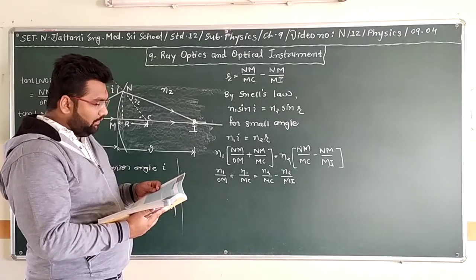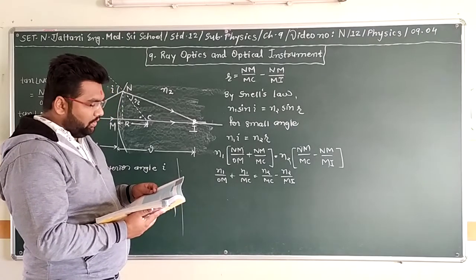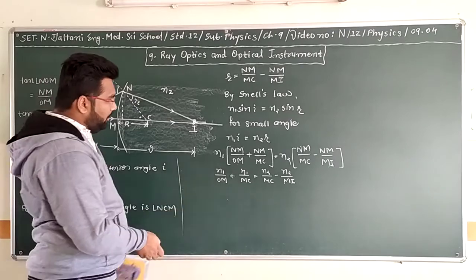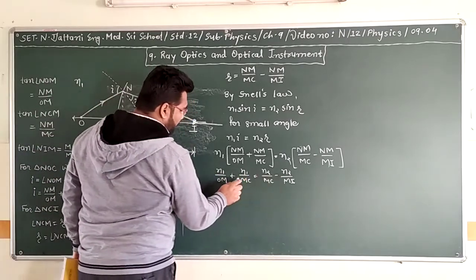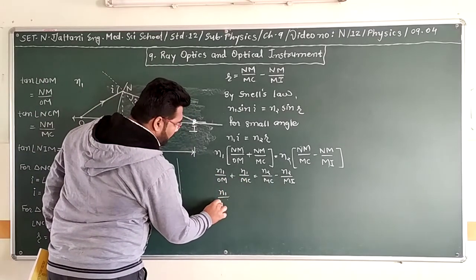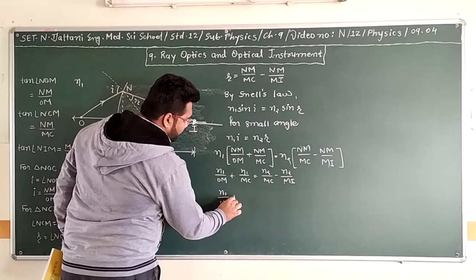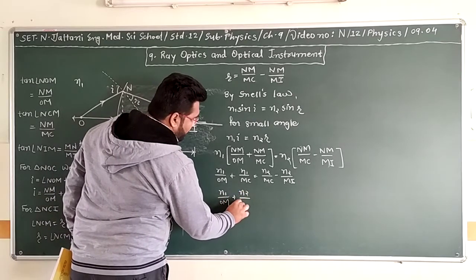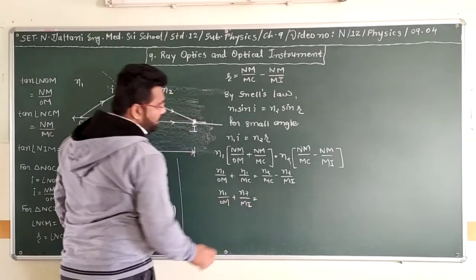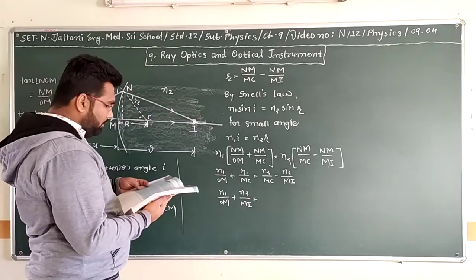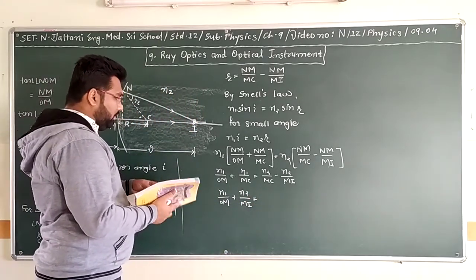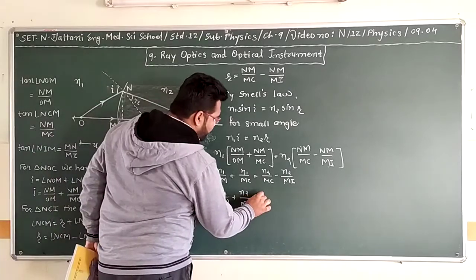So now we have the formula N1 upon OM plus N2 upon MI equal to N2 upon MC.